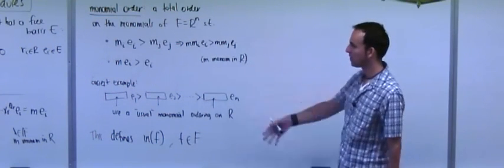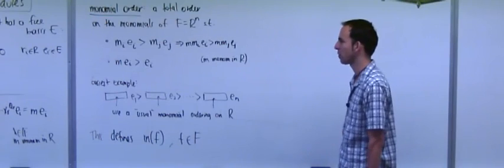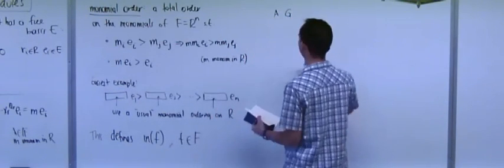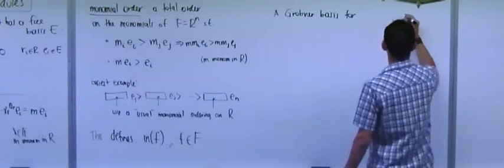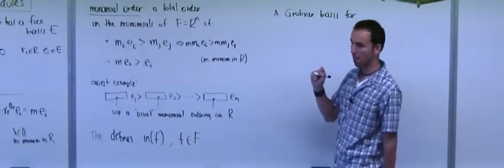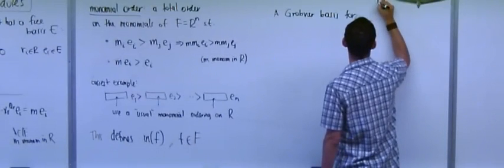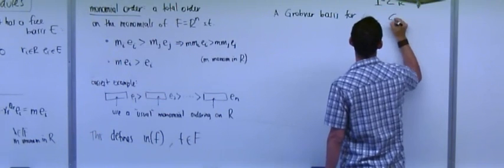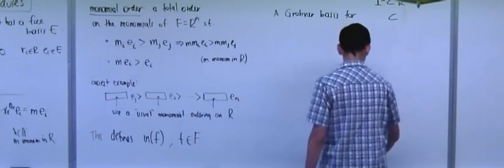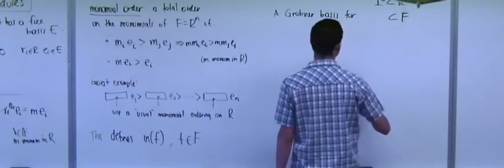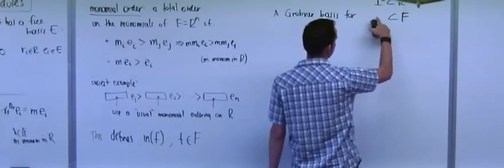Okay, but then with this definition, we can do Groebner basis again. So we say a Groebner basis for, before we had an ideal in our polynomial ring, right? But now what we have is not a polynomial ring, but a free module. And instead of an ideal, I'm just going to allow any module here.